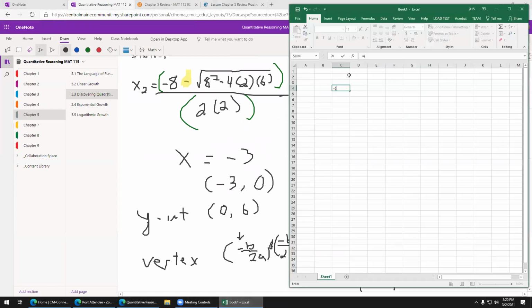We had -8 minus the square root function, SQRT of 8 squared minus 4 times 2 times 6. Close my square root function, close my numerator, divided by 2 times 2. So I can type it all in Excel, and thank God I got -3.